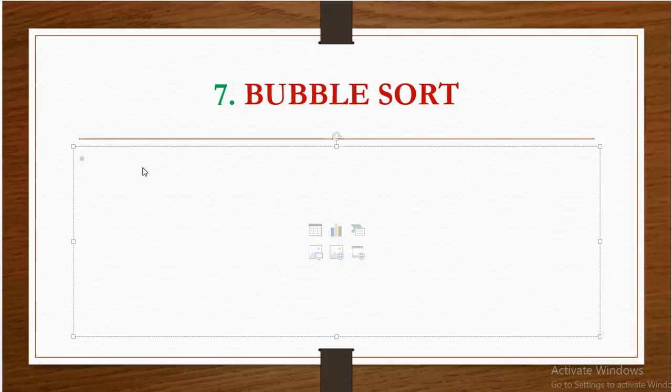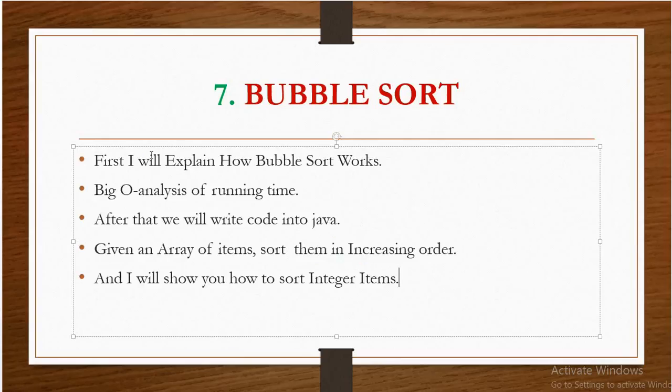Here now we are going to start data structure basic algorithms like bubble sort, a sorting operation. Here I will use bubble sort, and after that we will learn binary search, how we can perform searching operation, and whether it is an efficient way or not an efficient way to perform. First I will explain how bubble sort works, and we will count its big O analysis of running time.